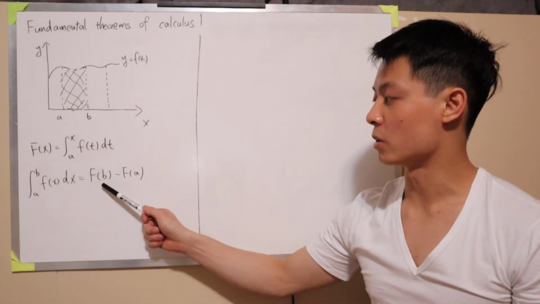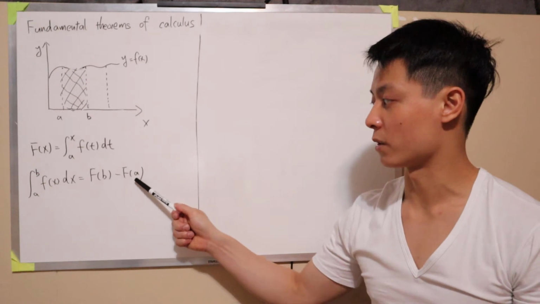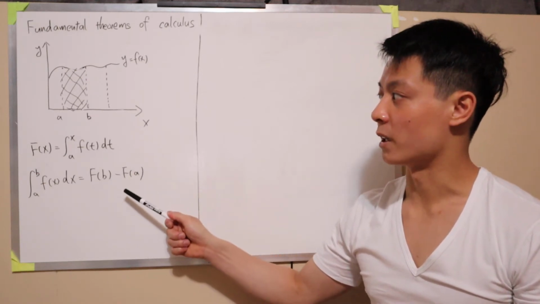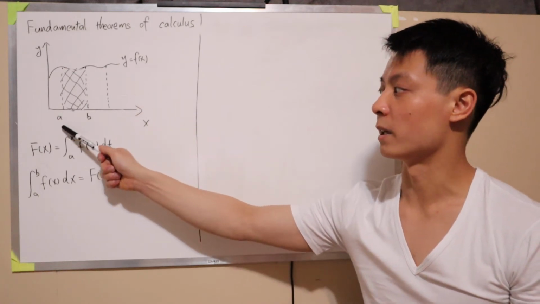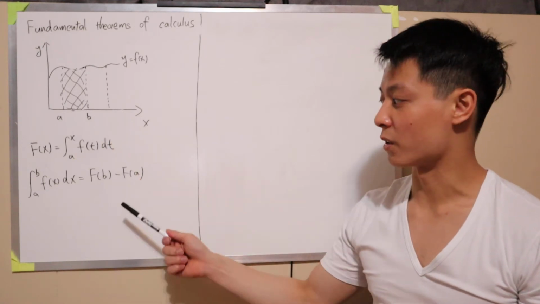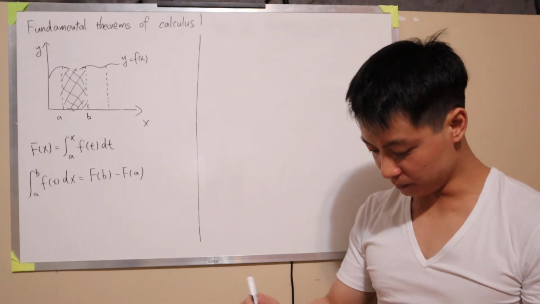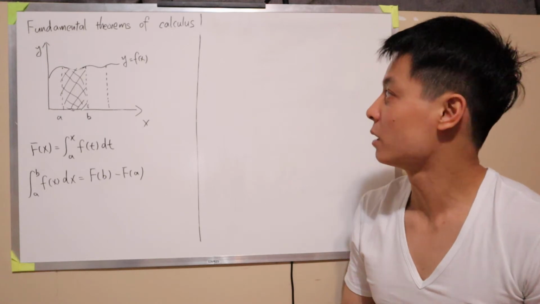You substitute the upper bound and lower bound and subtract, F(b) minus F(a), and that's gonna be the area under the curve lowercase f of x from a to b, right? So we can find the area by using the antiderivative. That's it. Now let's come to the examples and see how it works.